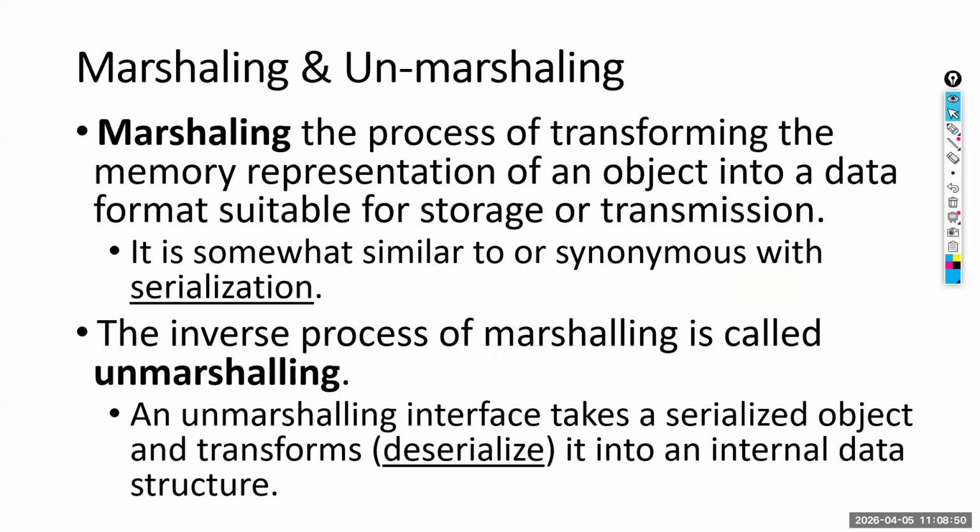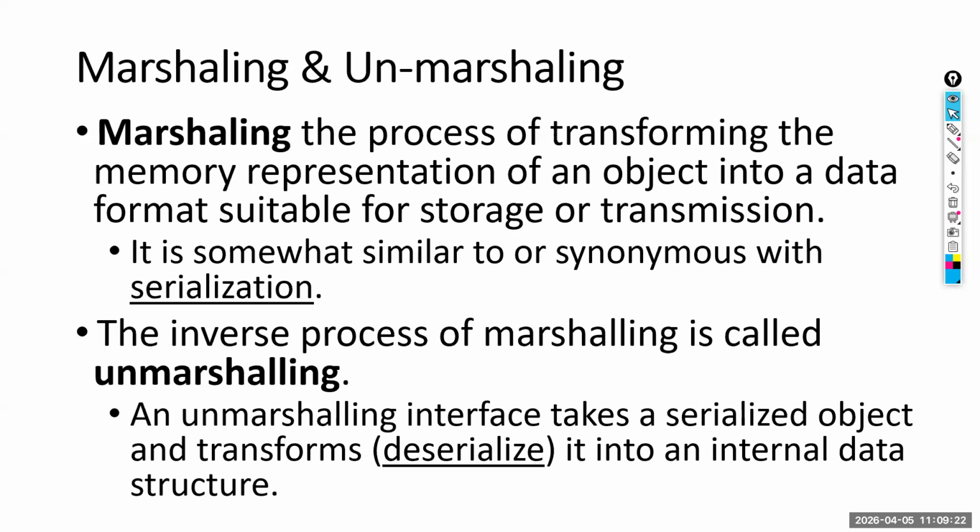Right. So then we use another word called marshalling and unmarshalling. Remember, we discussed serialization and deserialization in semester 1. Serialization means when you have an object, you convert that object to a binary level so that you can send it through the network. So another name for serialization is marshalling.